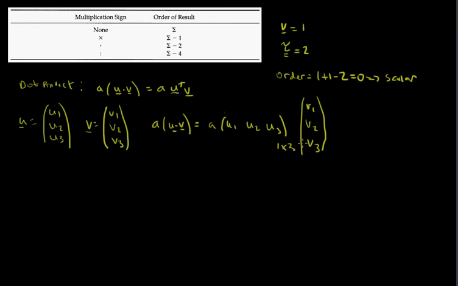So if I pick up this matrix, turn it on its side, then I'll have V1, U1 plus V2, U2 plus V3, U3. And all that is going to be multiplied by our scalar A. So A times U1, V1 plus U2, V2 plus U3, V3.